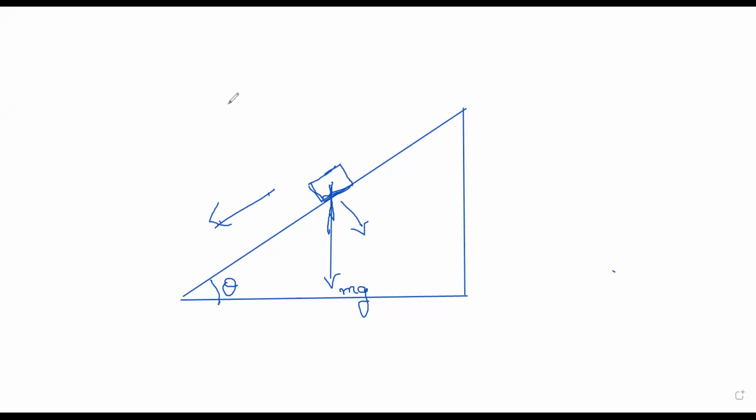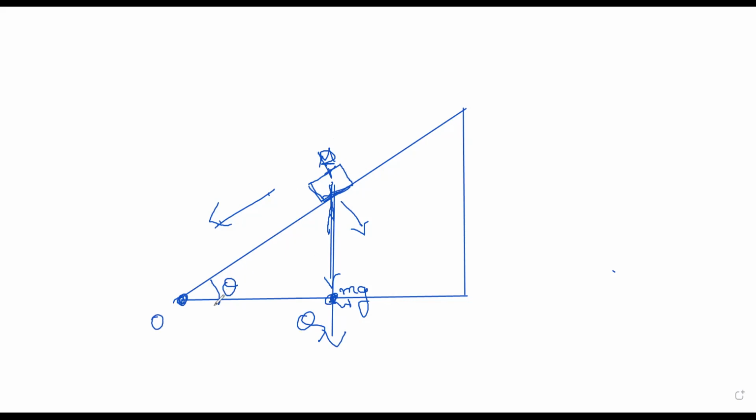Here what is given to us is the wedge angle theta. Let us say this is O, the object is at the place of M, let us call this P and this Q. Now let us consider the triangle OPQ.